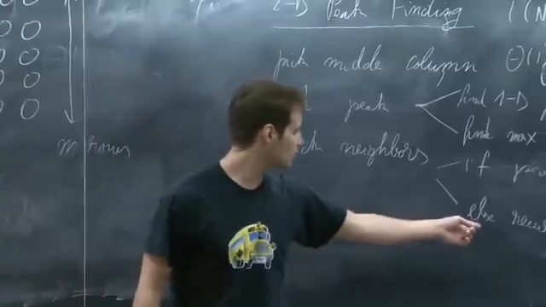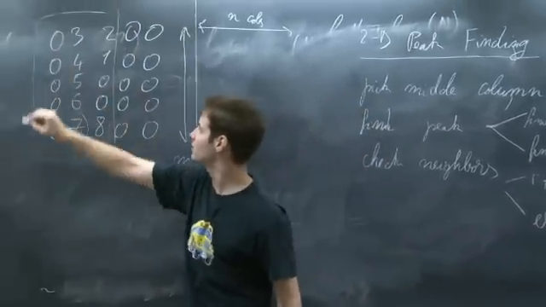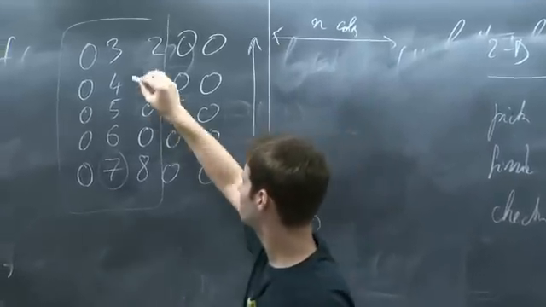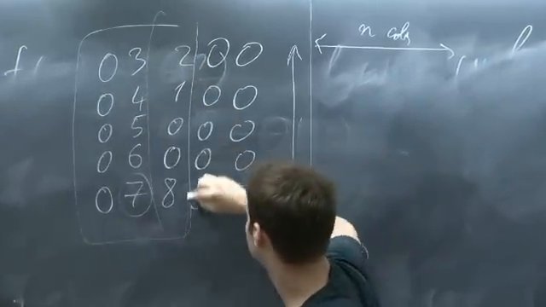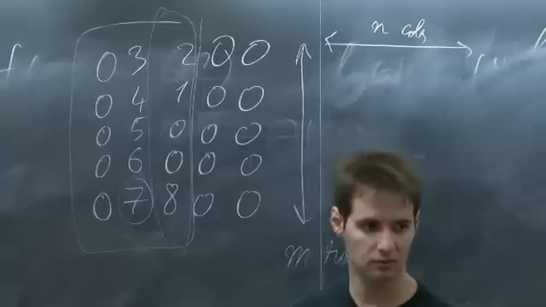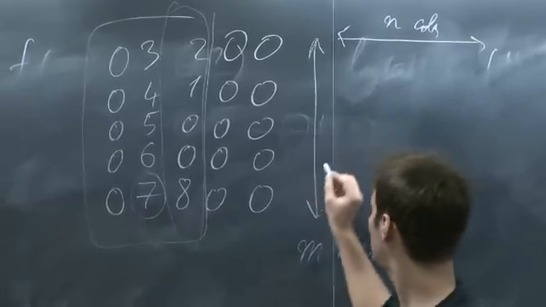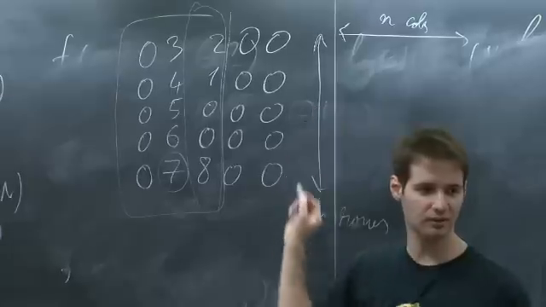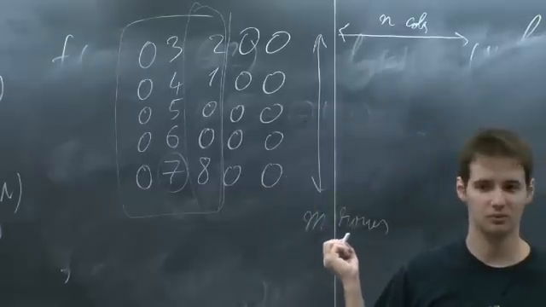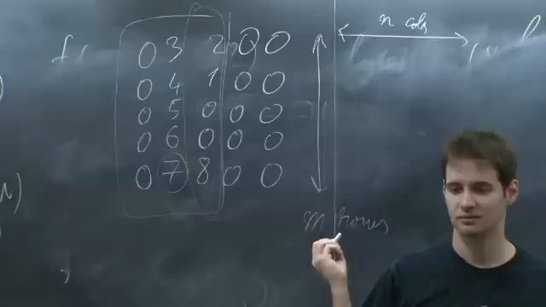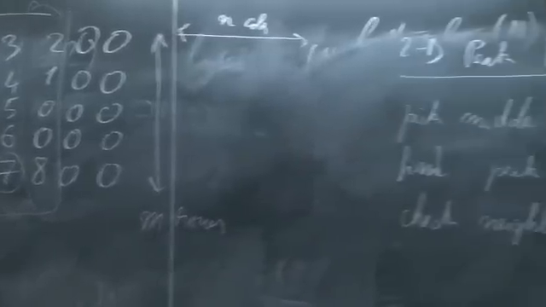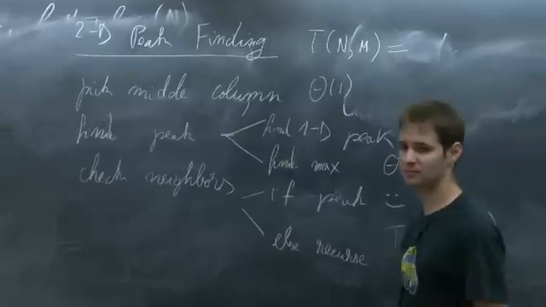So if I have to recurse, I'm in this array that was originally n by m. And I'm only going to look at the right side. How many rows do I have in the new array? Start with the easy one. All right, same as before. How many columns?